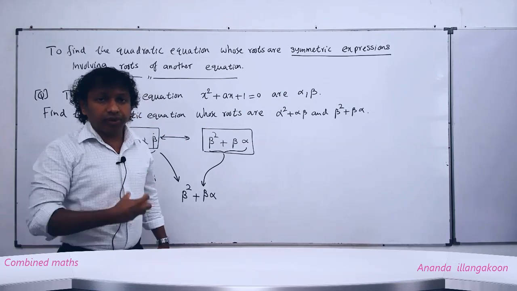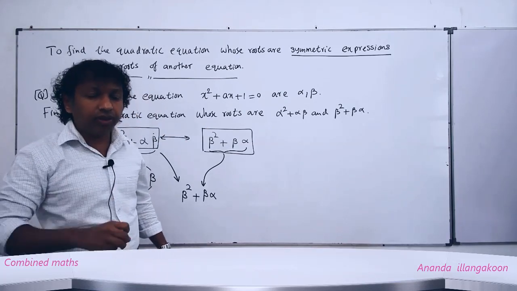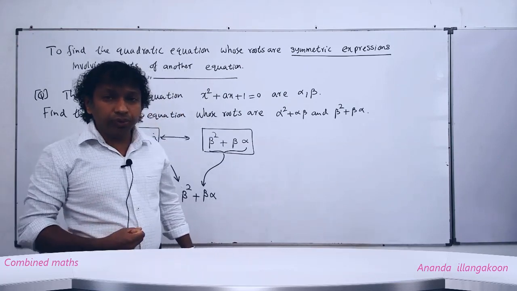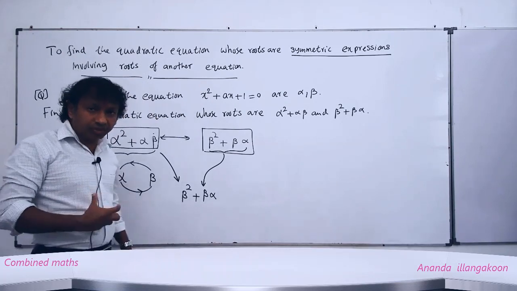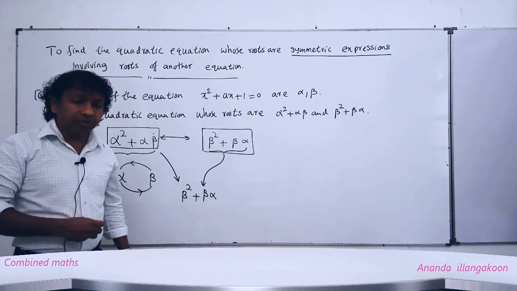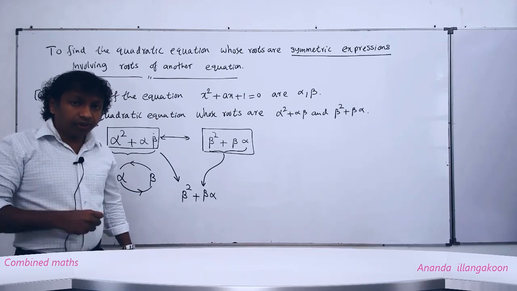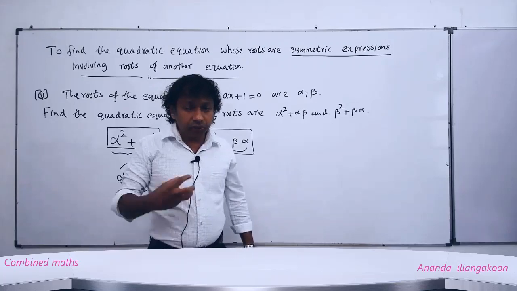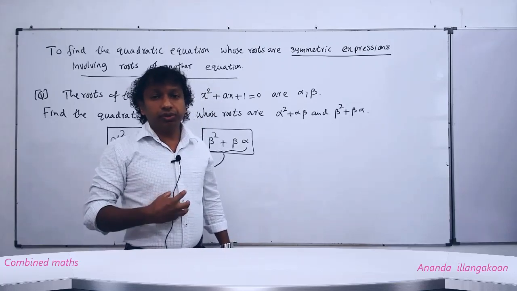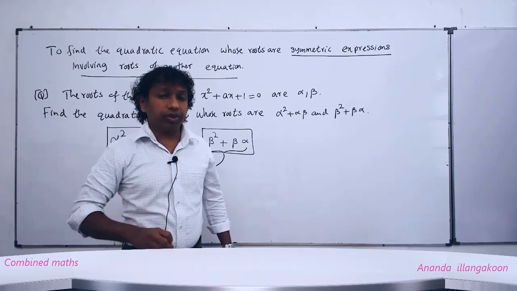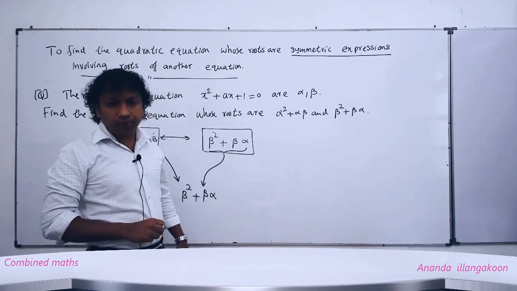Secondly, I am going to tell you how to get the same answer using our second method. You have to understand that method and be able to use it. At the examination, on some occasions you are told to use this method to get the answer. Otherwise, no marks.